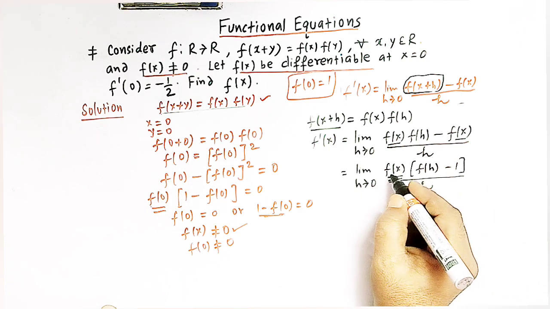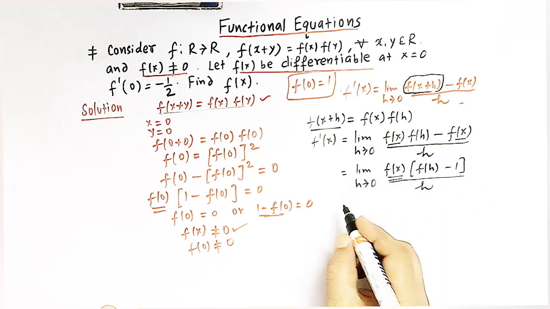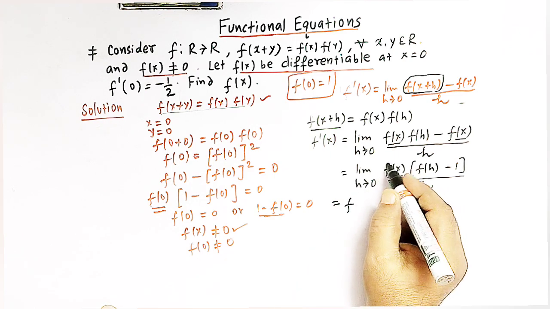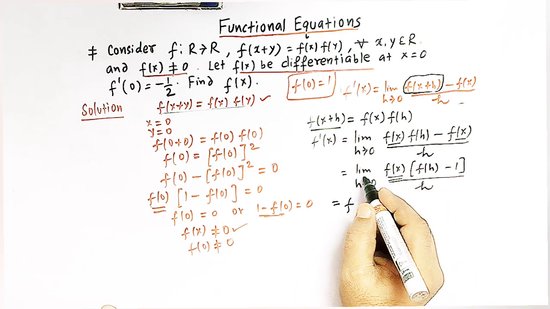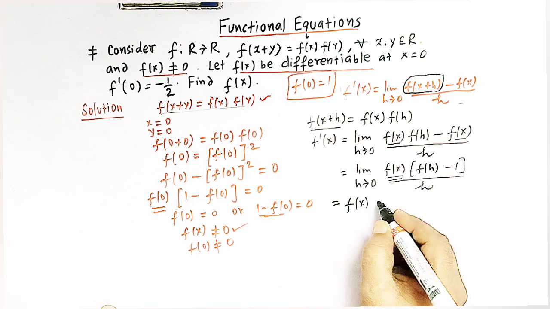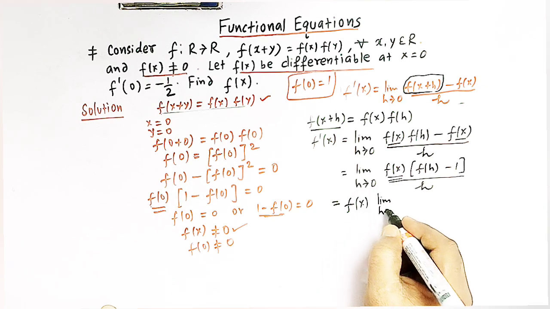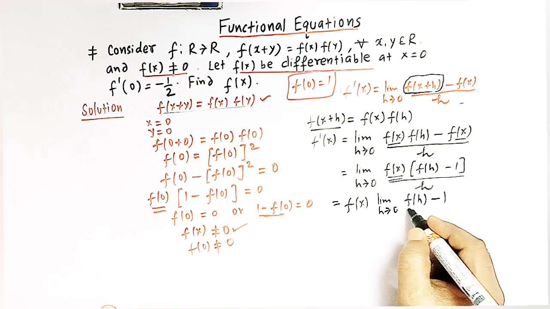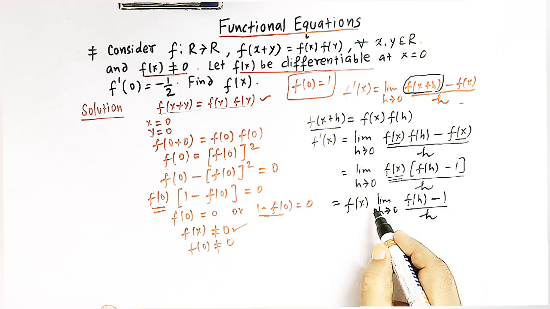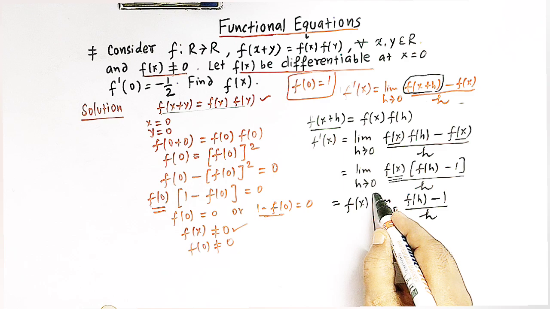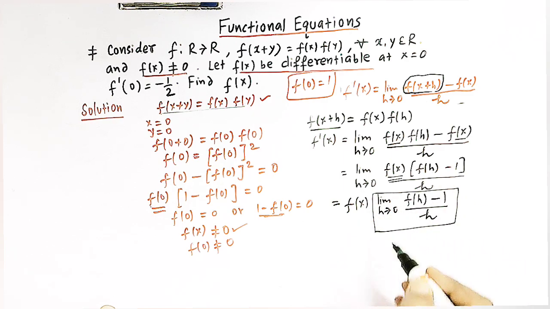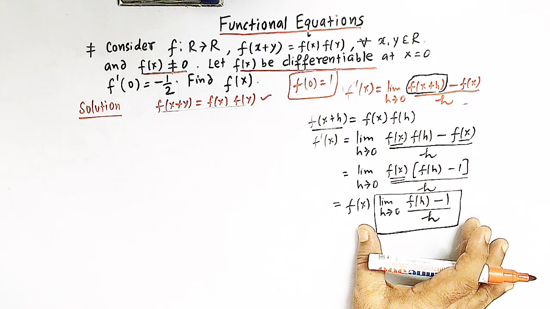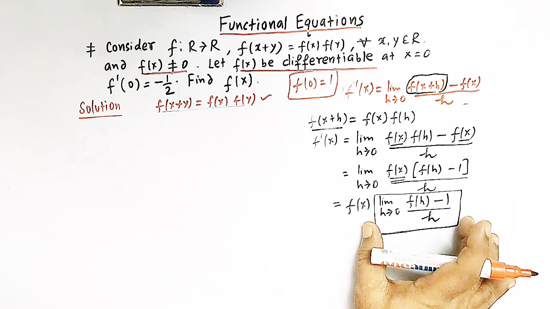Now we can take f of x in front of the limit notation, because f of x is independent of h. So we have f of x times the limit as h tends to 0 of f of h minus 1 divided by h. Now let us consider this limit.